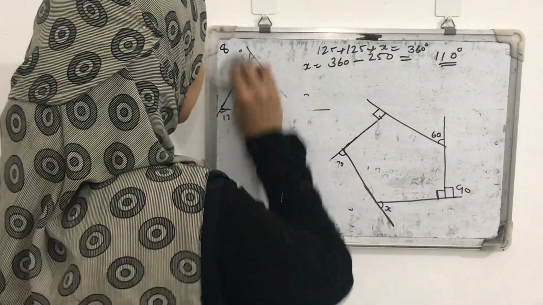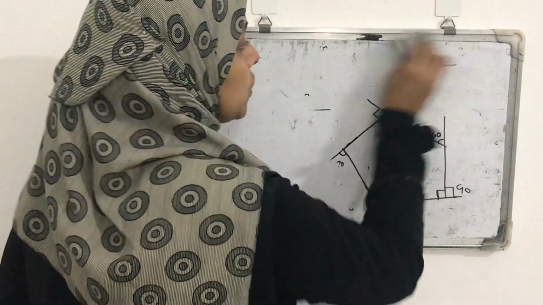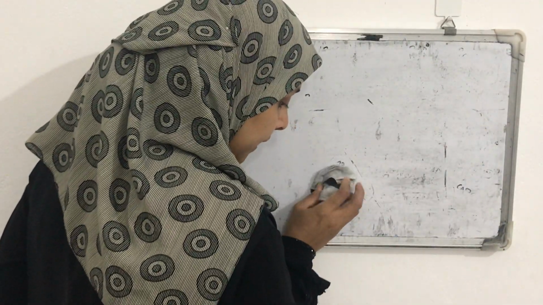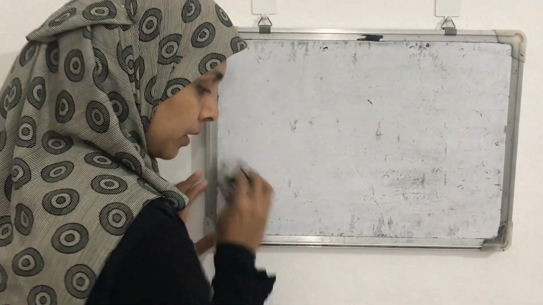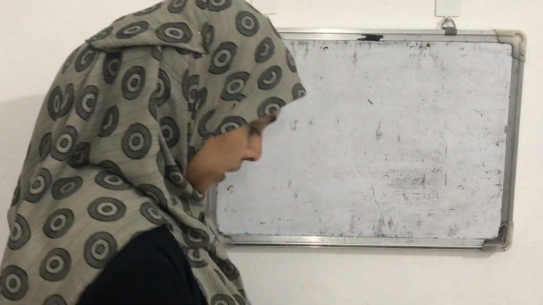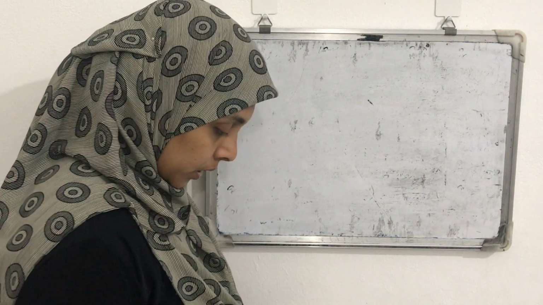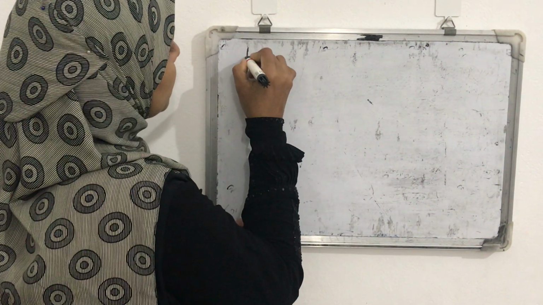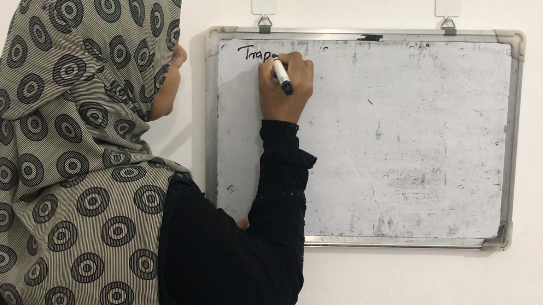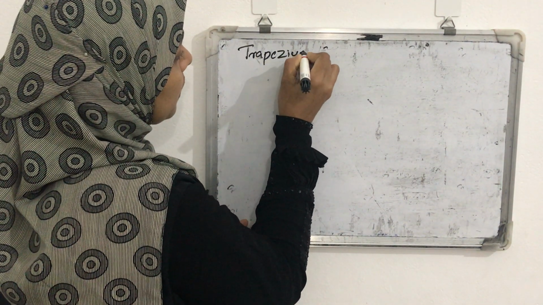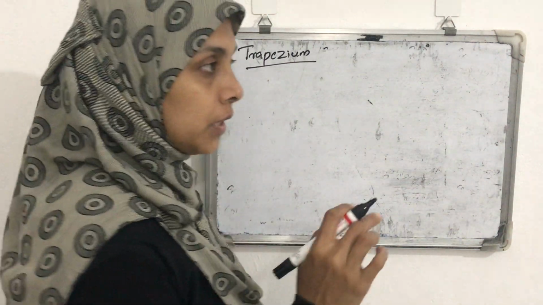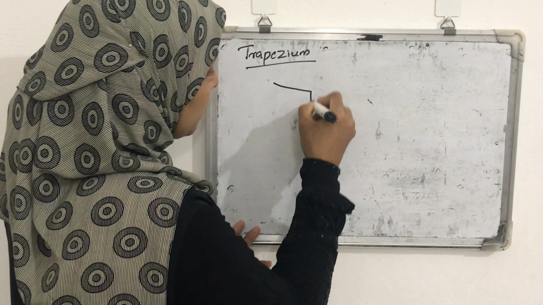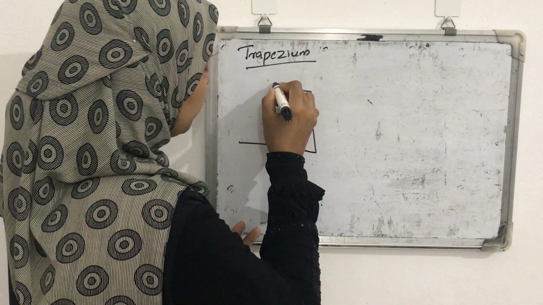Now next we want to move to the next part, that is kinds of quadrilaterals. The first one is a special quadrilateral called the trapezium. We want to discuss the trapezium first. For that, first I draw some quadrilaterals. Any type of quadrilateral I am drawing.